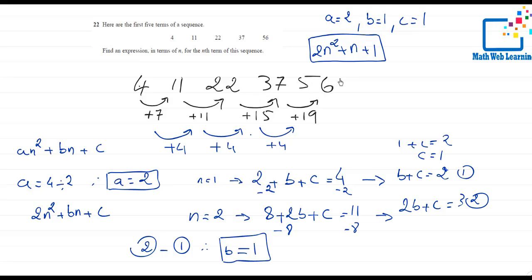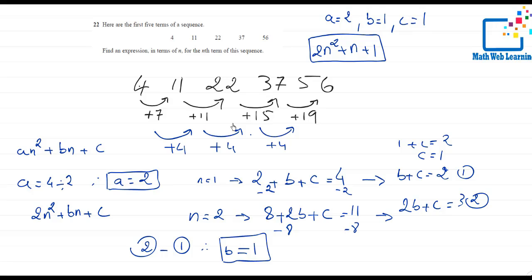You can check it by, for example, putting n equals 3, you should get 22. So let's do it together. 3 squared is 9, 9 times 2 is 18, 18 plus 3 is 21, 21 plus 1 is 22 there. So that's how you do a quadratic expression.